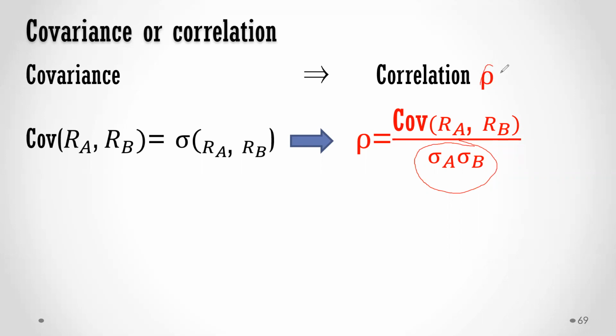So rho here is a notation for the correlation. To get the correlation, you first need to calculate the covariance. Once you get the covariance, you standardize it by the standard deviation of A times the standard deviation of B, then you can get the correlation.